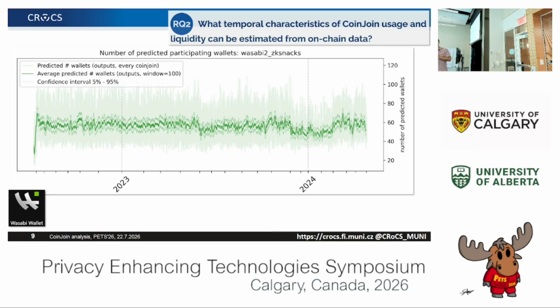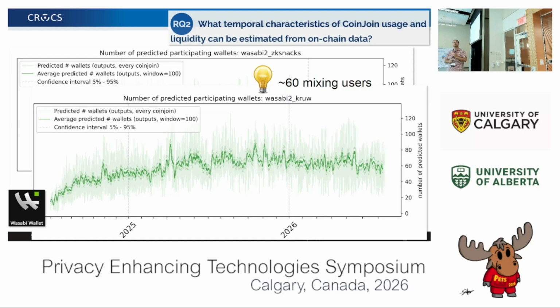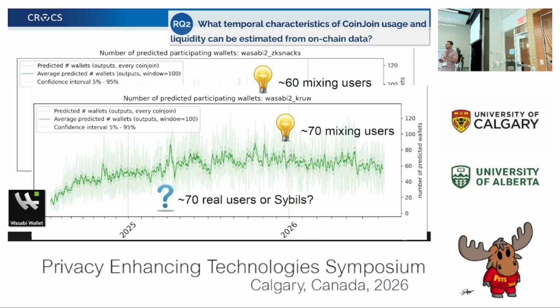For one specific design it was 72, and for the ZK stack coordinator we roughly estimated around 60 users at the time. After this one was closed and the new ones started, this is the situation right now for the biggest one, which is Kruw, with roughly 70 mixing users. What we don't know, though, is whether they are real users or Sybils. That is another open question: how to detect Sybils in this setting.